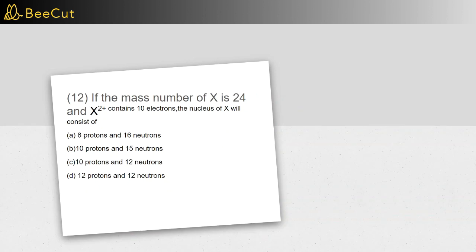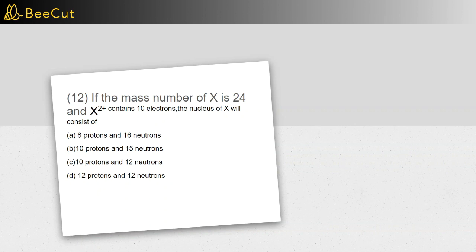The next question, number 12. If the mass number of X is 24 and X2+ contains 10 electrons, when it becomes an ion, it loses 2 electrons, that makes it have 2+.